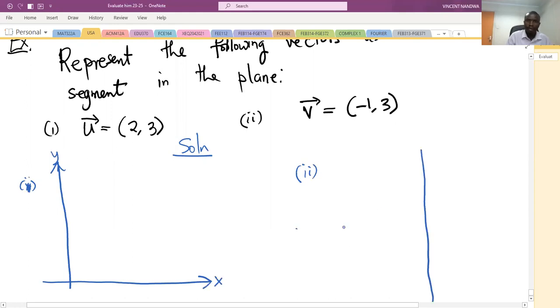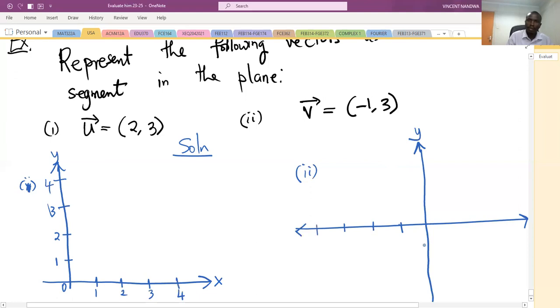And in this other one, this is the x-axis, this is the y-axis. So 0, 1, 2, 3, 4 on the positive side, and 0, -1, -2, -3, -4 on the negative side, and similarly for the y-axis.